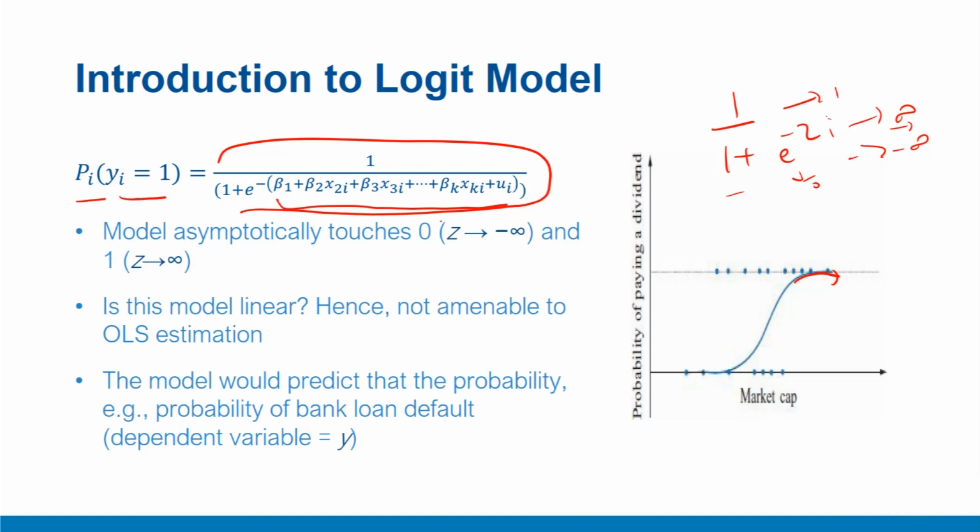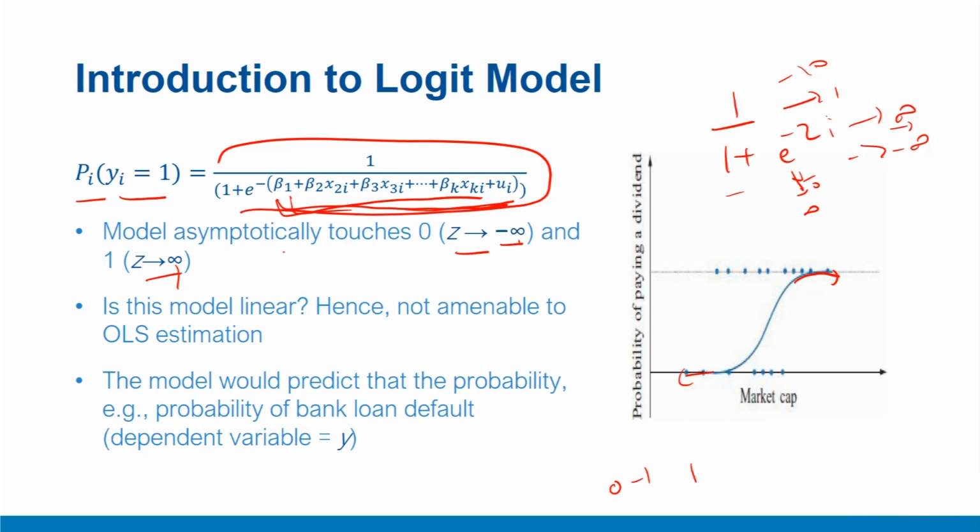And if it is approaching minus infinity, then this value will approach infinity and the overall expression will approach 0. So the limiting cases of 0 and 1 are achieved, and therefore whatever the value of zi, which is represented by this linear function in variables, irrespective of these values, the probability will remain between 0 and 1.